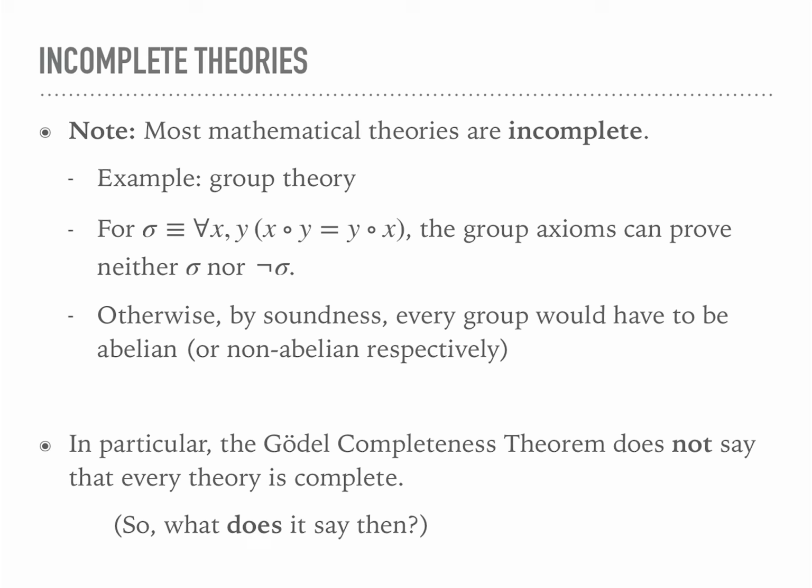So, to finish this off, the Gödel completeness theorem that we will encounter next does not say that every theory is complete, because as we saw here, there are plenty of examples of incomplete theories. So then you may ask, of course, what does the Gödel completeness theorem say then? And that will be the content of the next lesson.